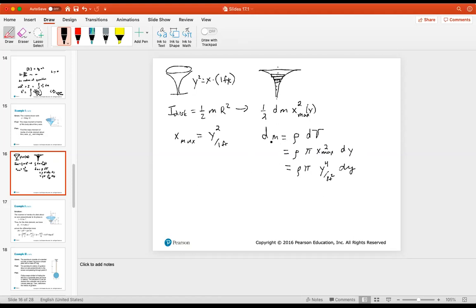Okay, so now I have a formula for dm, and I have a formula for x max. I can work out the moment of inertia. I is going to be the integral over y from 0 to 1 foot of, well, each one comes with a factor of 1/2, and each one comes with a factor of rho times pi.